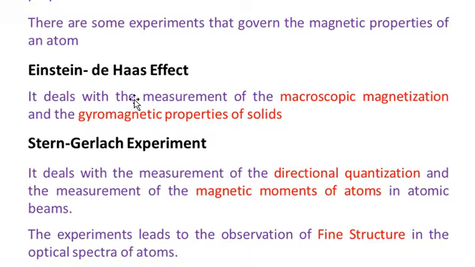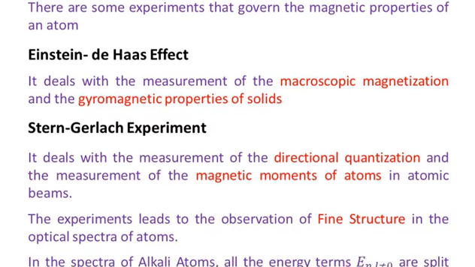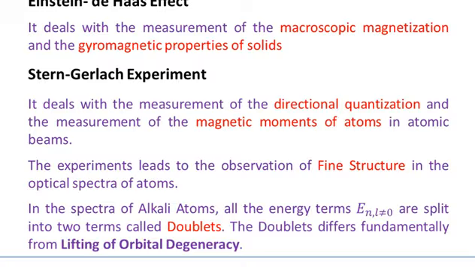So you see that under this experiment we shall have the possibility to measure two main properties. One is the macroscopic magnetization and the second one is the gyromagnetic properties of the solids. Now the next experiment is the Stern-Gerlach experiment.